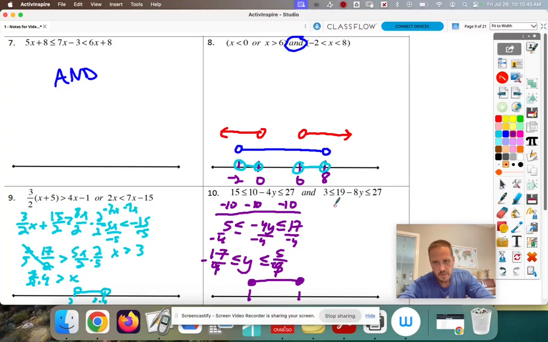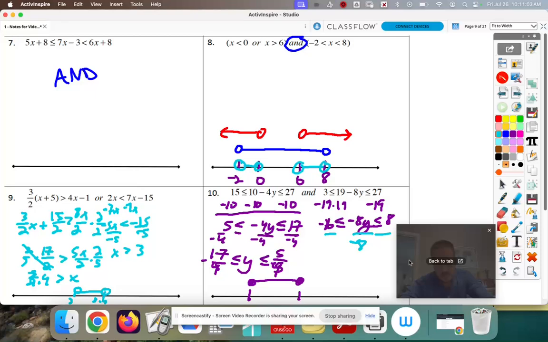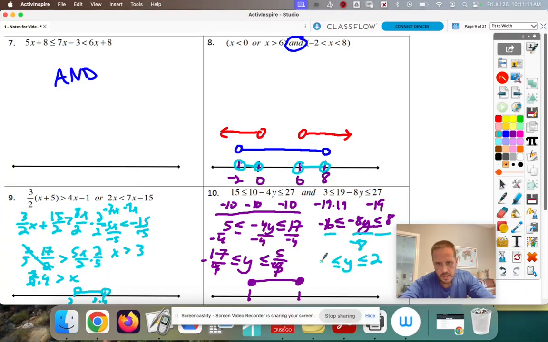So this one, if you subtract 19, we get -16 less than or equal to -8y, less than or equal to 8. And then when we divide everything by -8, we get, flipping over here, we get a +2 less than or equal to y, less than or equal to a -1.